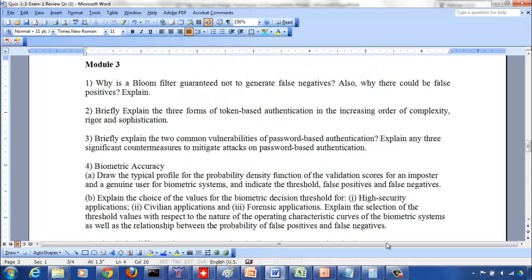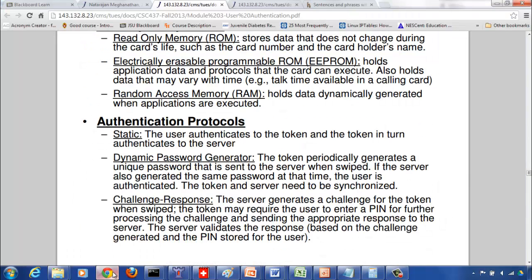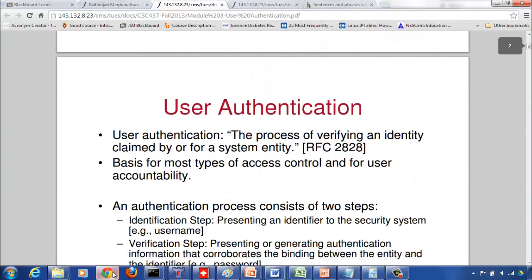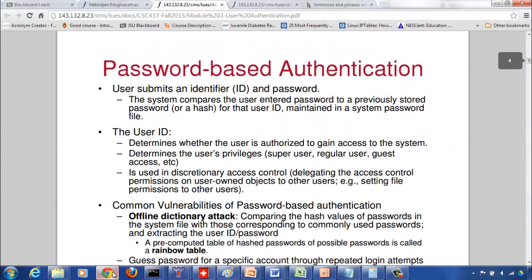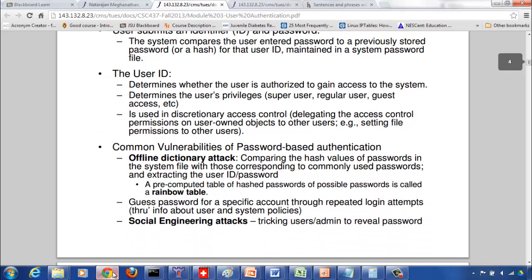All right. The two common vulnerabilities of password-based authentication and some countermeasures. So we saw that in the beginning. One common vulnerability is a dictionary attack, where an attacker could have a dictionary of well-known passwords or words that are used as passwords and the corresponding hash values. That is what is called the rainbow table.